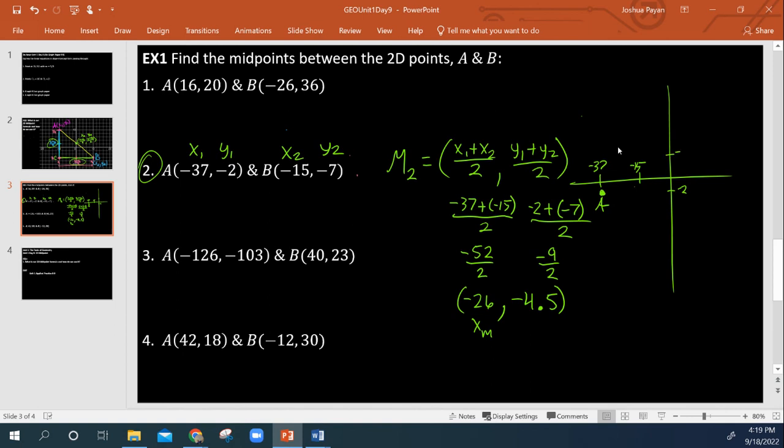So we'll say negative 7's up here. Our midpoint right in between them would exist right there. That would be our midpoint in 2D. It would happen right in between points A and B, at negative 26 by 4.5.